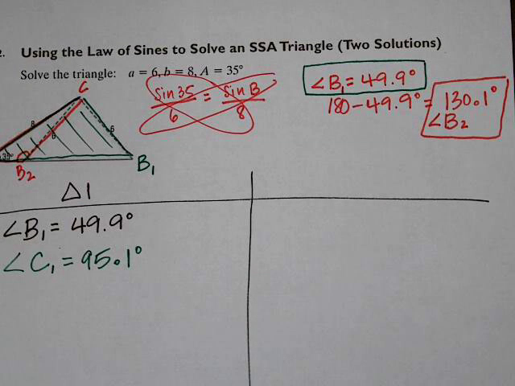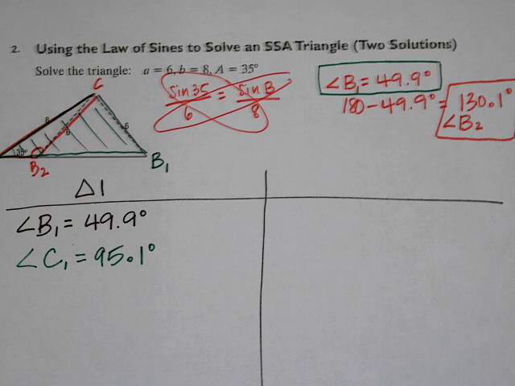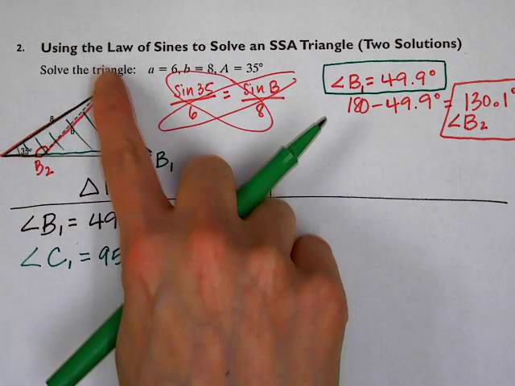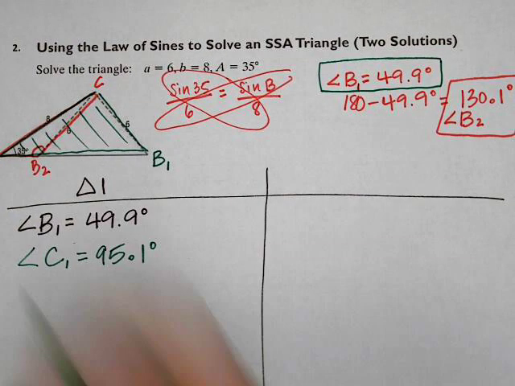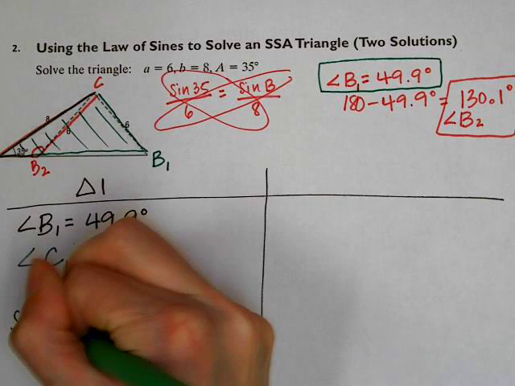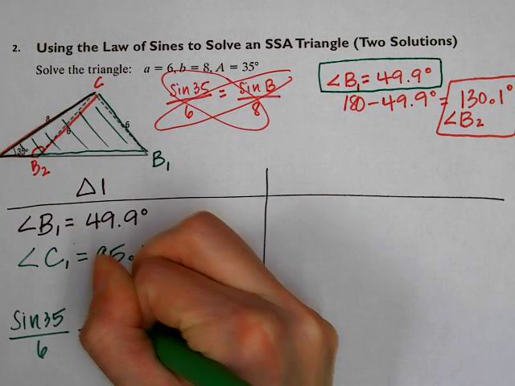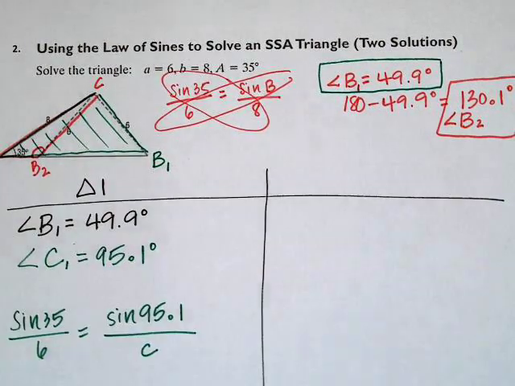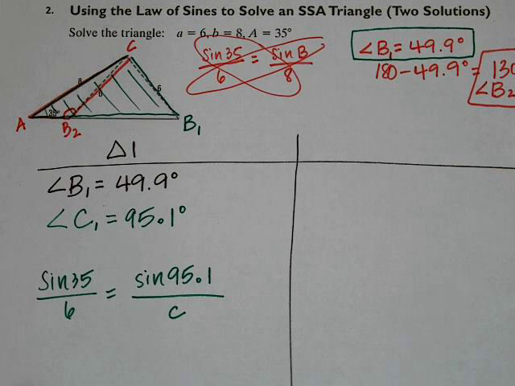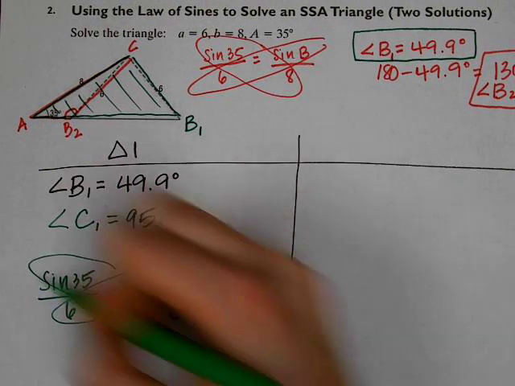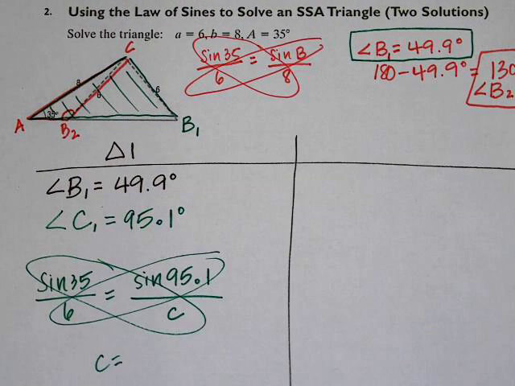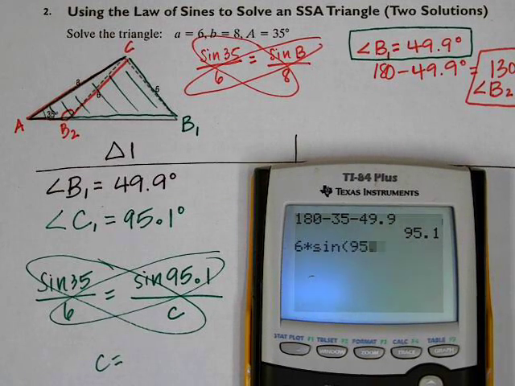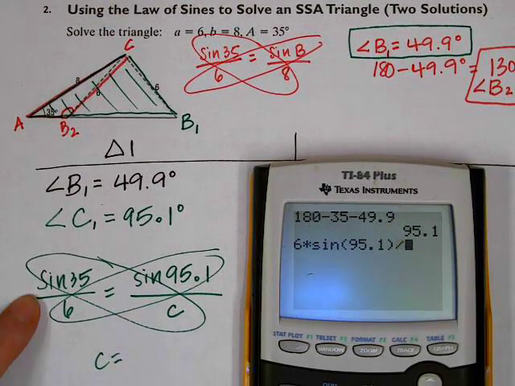So for side C, we'll set up law of sines. I'm going to use the A's, and then I'm going to use the C's. So we have sine 35 over 6 equals sine of C over side C. And then we'll cross multiply and divide to get side C. So this is going to be 6 times sine of 95.1 divided by sine of 35.